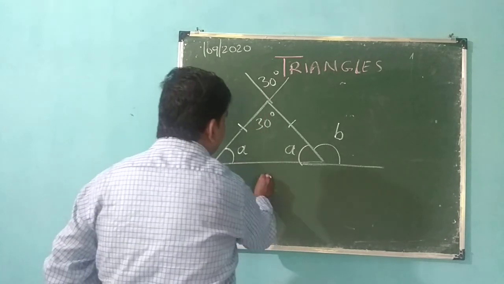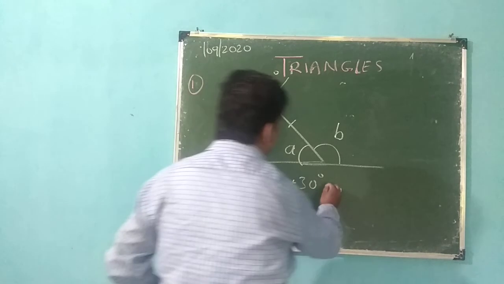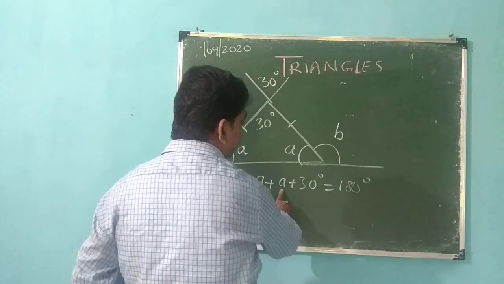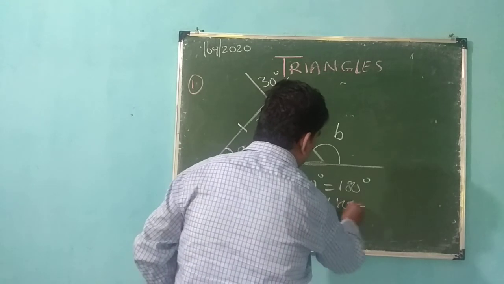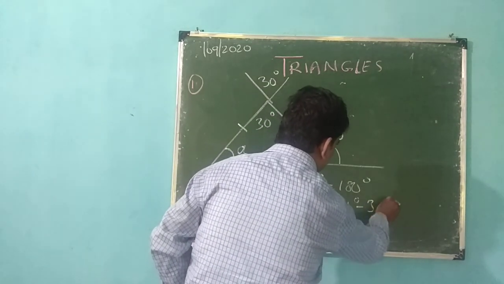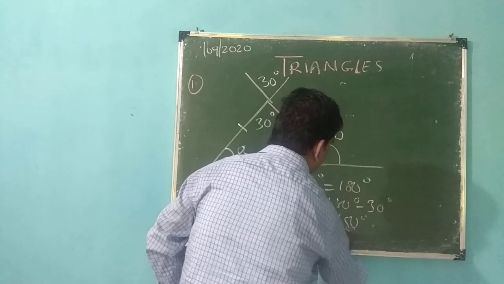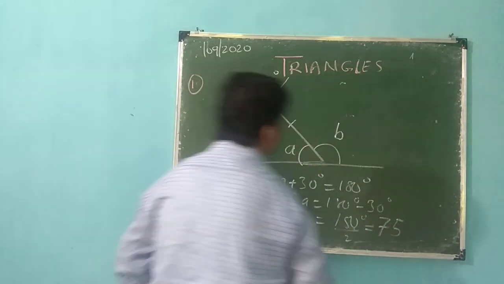So I can easily say now A plus A plus 30 degree is equal to 180 degree. So A plus A is twice A, 30 degree will go that side, will become 150 degree. So A is equal to 150 degree divided by 2, you will get 75 degree.